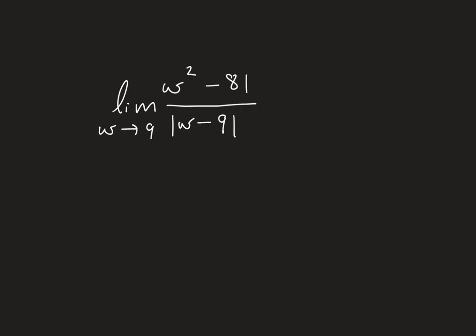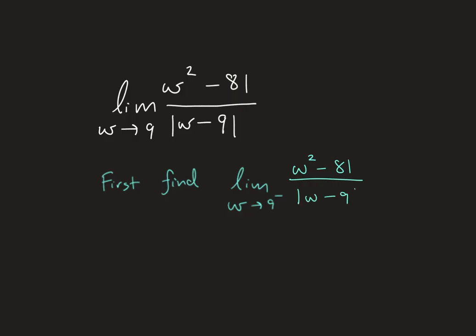Let's first calculate the limit as w approaches 9 from the left of w squared minus 81 divided by the absolute value of w minus 9. If w is approaching 9 from the left, that implies that w is less than 9. And that implies that w minus 9 is less than 0.